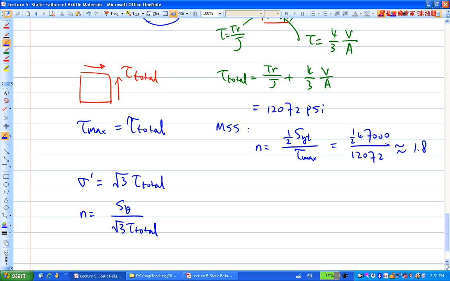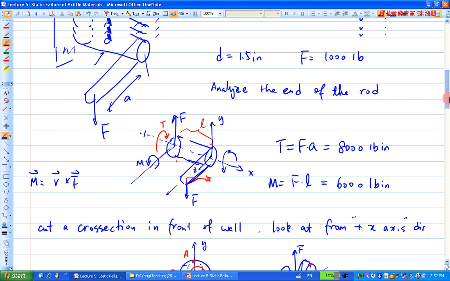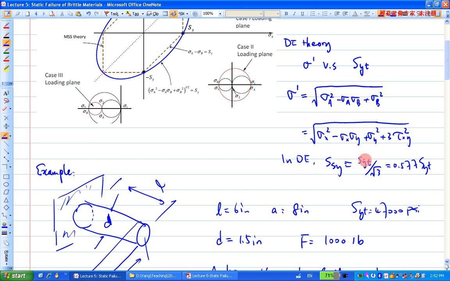Let's observe a very interesting thing here. Look at this one. If I write it slightly differently, it's SYT over the square root of 3, over this tau total. So what's the top here? Remember what we call this one? SSY, that's the shear strength according to the DE theory.